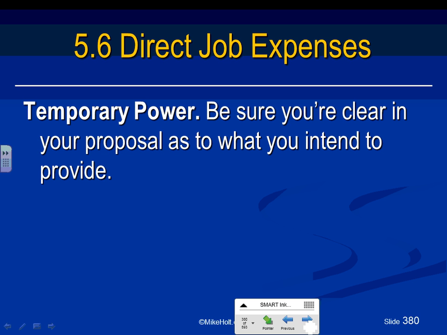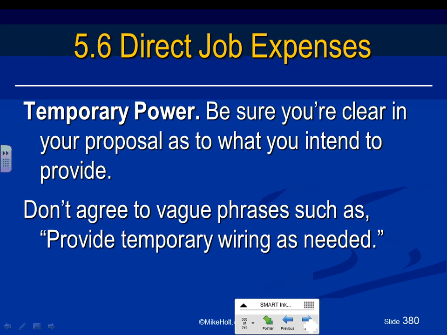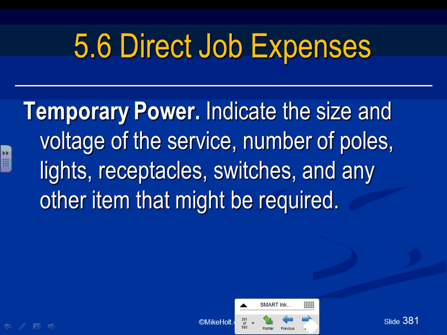Temporary power. Be sure you are clear in your proposal what you intend to provide in terms of temporary power. Don't agree to provide temporary wiring as needed. Look at this example. They're saying temporary power. Indicate, guys, how many feeders, what the size, and what the voltage.